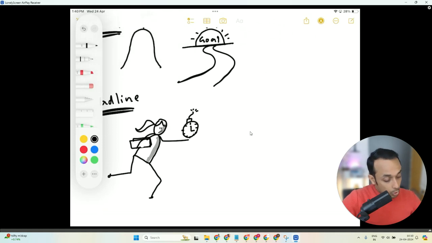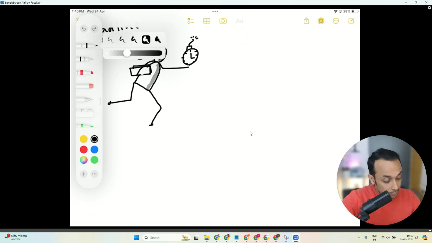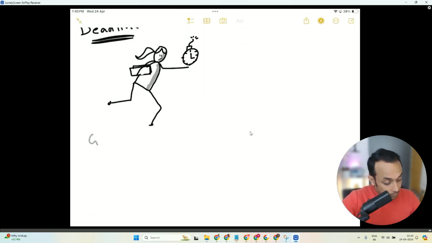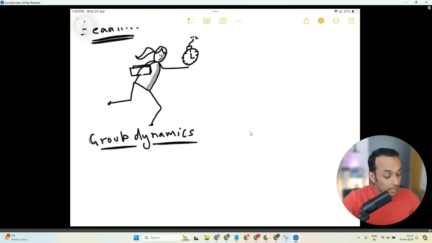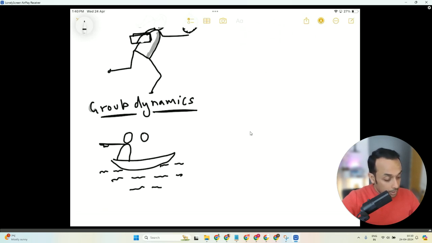Let's see, can I draw group dynamics? So group dynamics. Now group dynamics means many people are on the same boat. So let me draw the boat first, and this boat is in water, and now there might be someone who is a leader and some people are teammates.